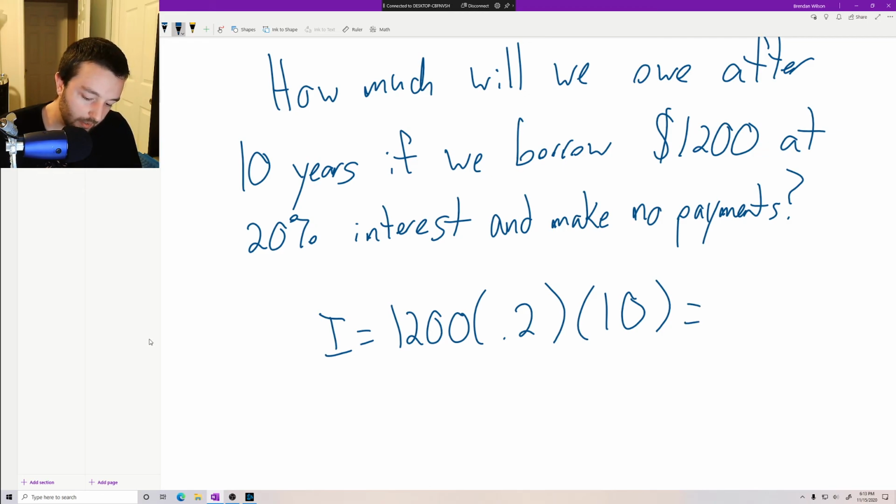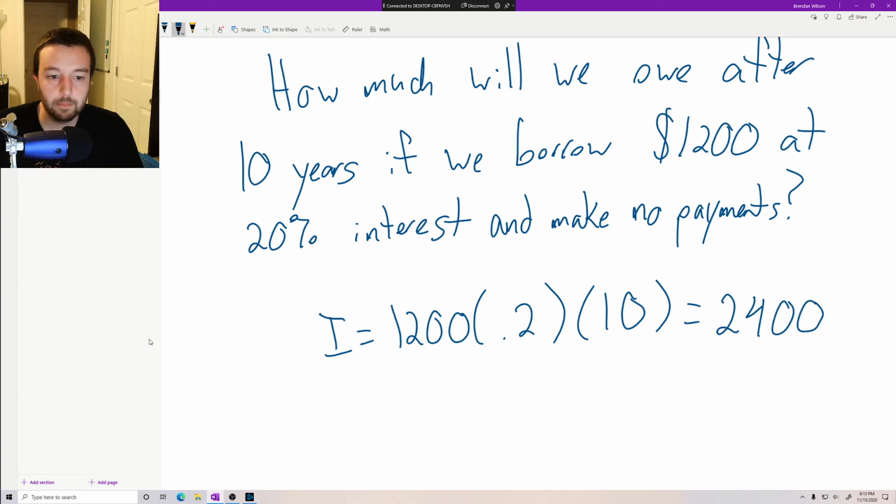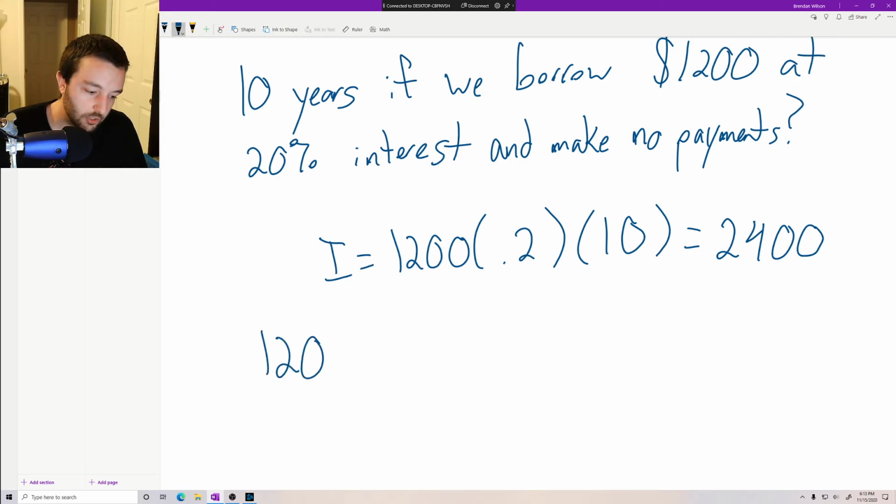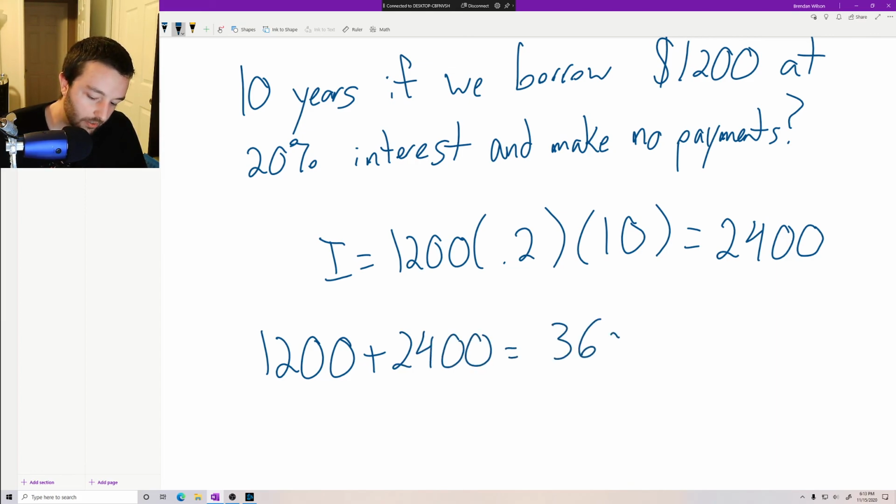So if we put this in a calculator here, we should get 2,400. So the interest we owe is 2,400, and now we also want to add on the initial amount, right? So we have 1,200 plus 2,400. So we get 3,600.